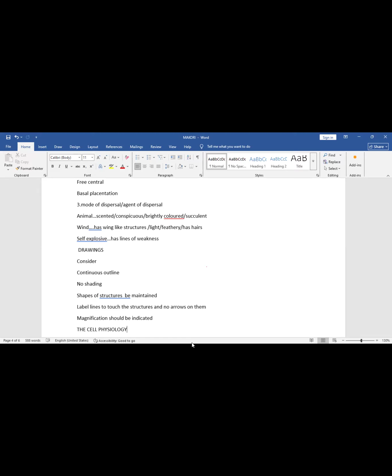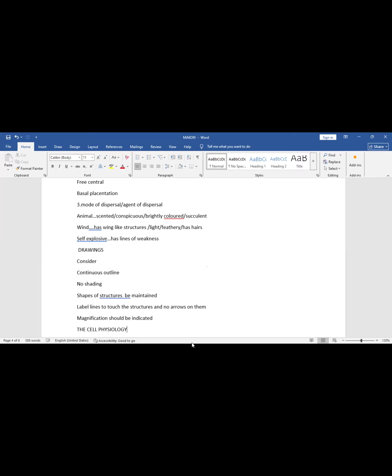The reasons for the mode of dispersal, like now for the animals, we can say that the fruit is scented. Do not say sweet or sour, we cannot taste the scent and say whether it's sweet or sour. So let's use just scented.